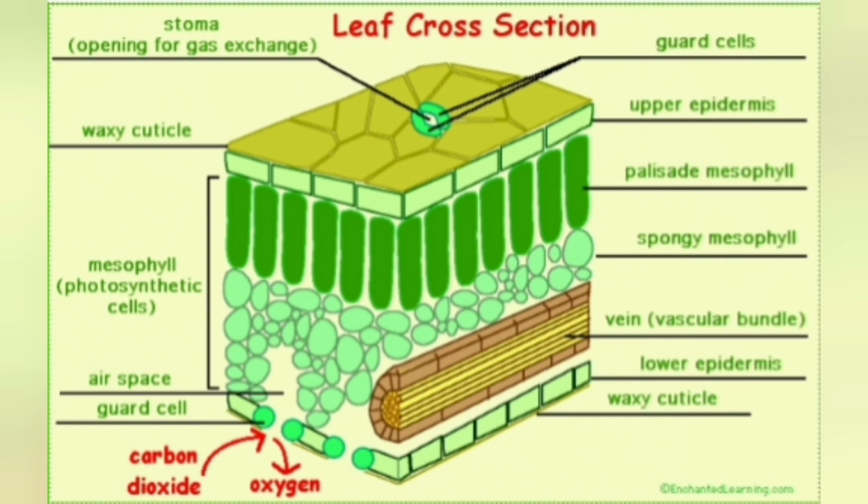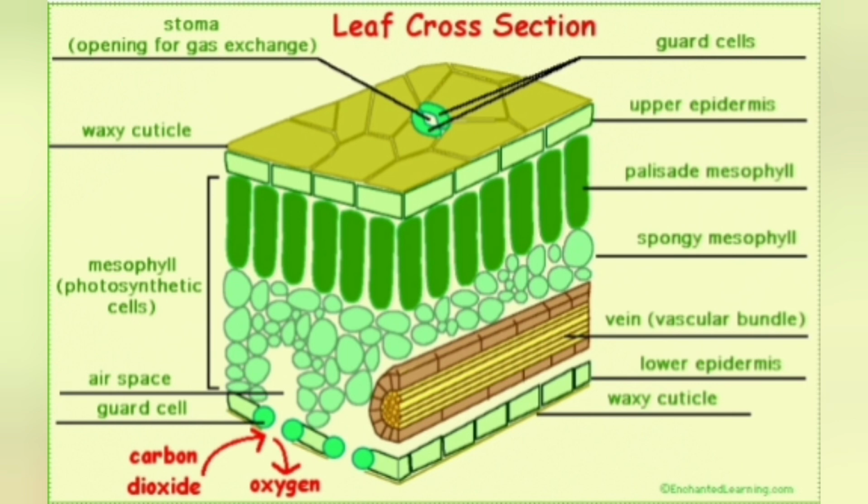They are called stomata. Just below the upper epidermis, you can see some long cells, dark green in color. Those cells are called palisade tissue or palisade mesophyll. They are very dark in color. Just below the palisade tissue, there are loosely arranged cells which are light green in color. They are called spongy tissue.